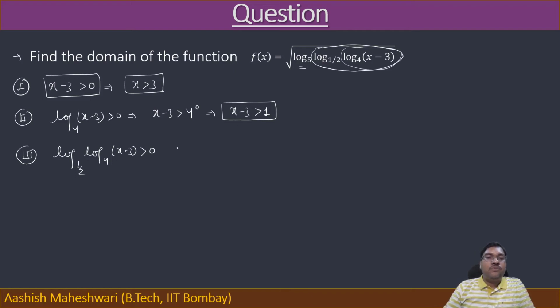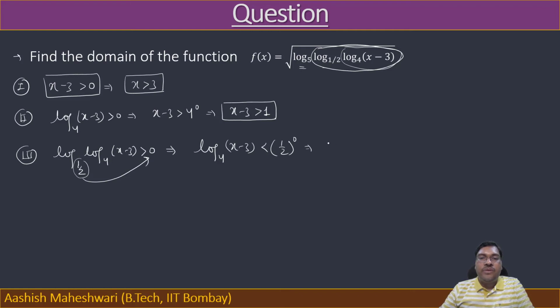Now if this quantity is positive, understand this: if I take this power half on this side, this will become log base 4 of (x minus 3) less than half raised to 0. Now understand this, if I am taking half raised to 0, that means the base is less than 1. If the base is less than 1, the sign of inequality will reverse. So that is why for half raised to 0, we have changed the sign of inequality.